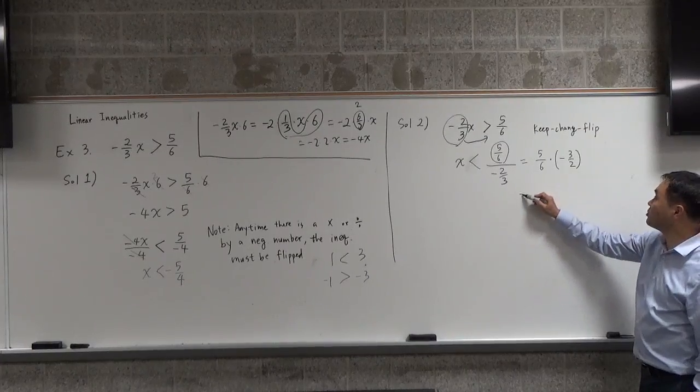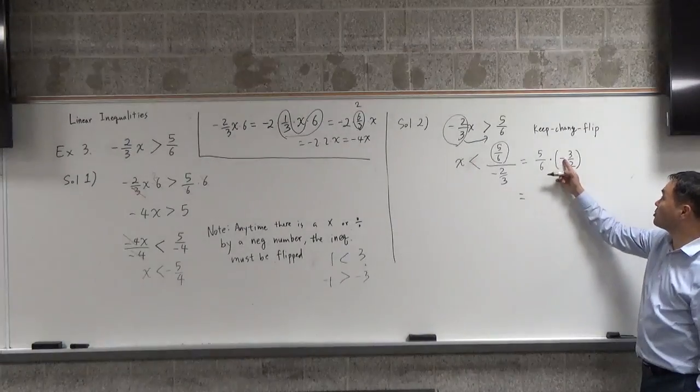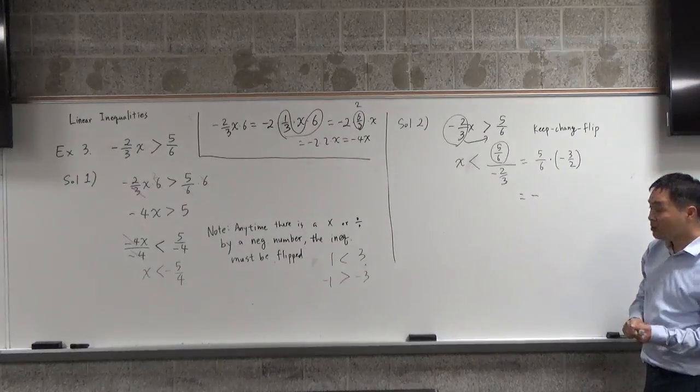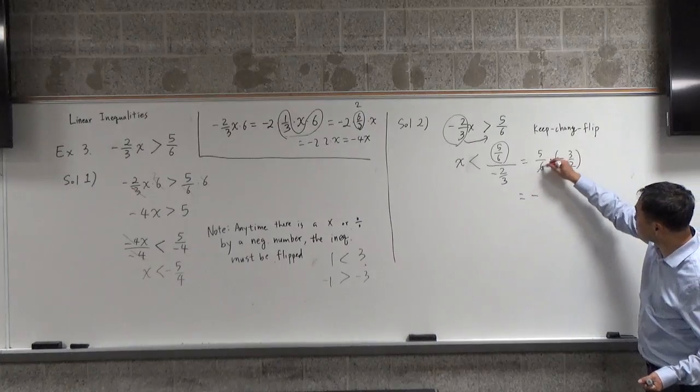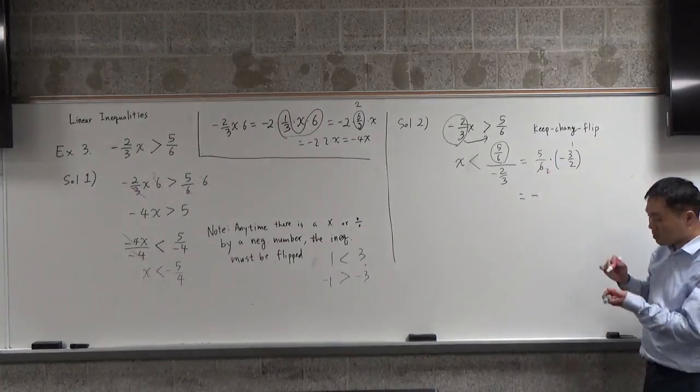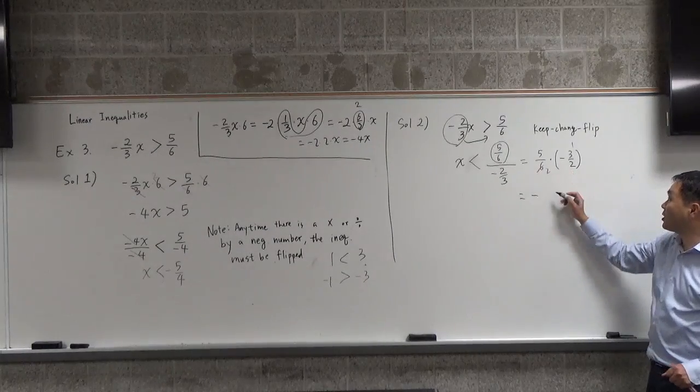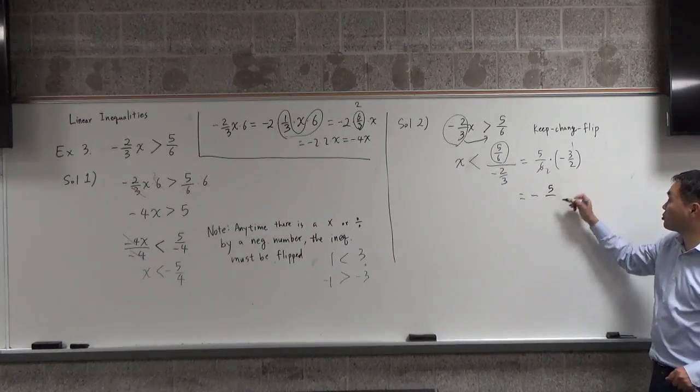And once again, you can use the same argument. Pull the minus out, and 3 and 6 can be canceled. You can cancel the 3 and the 6, which gives you 2 here, and this will be 1. 3 over 6 is the same as 1 over 2. Now you have negative 5 over 2 times 2, which is 4.